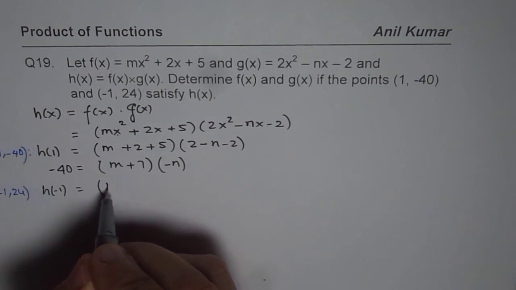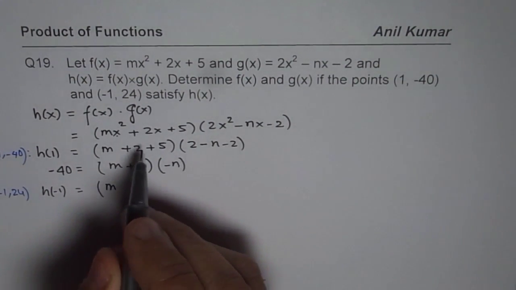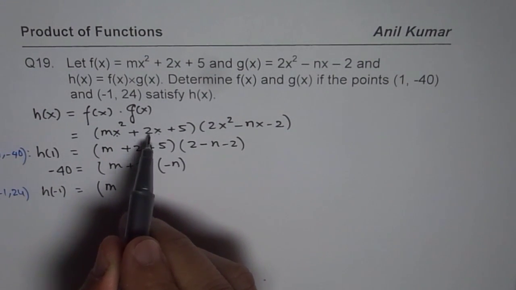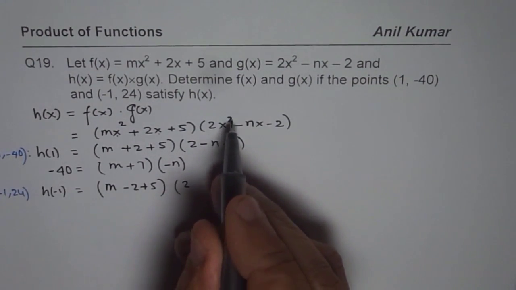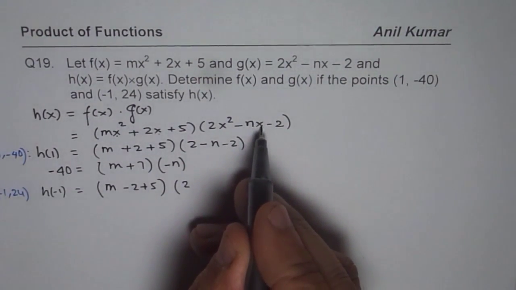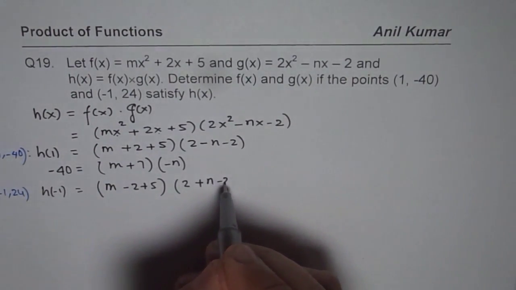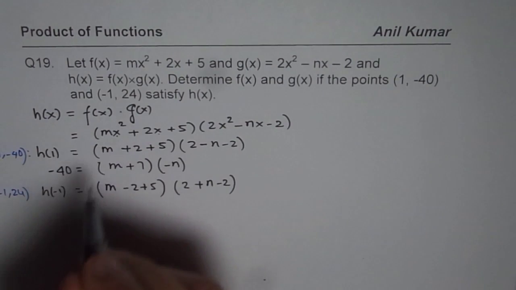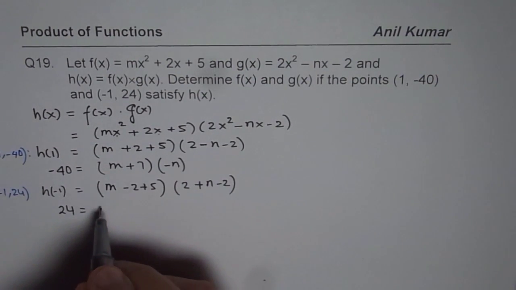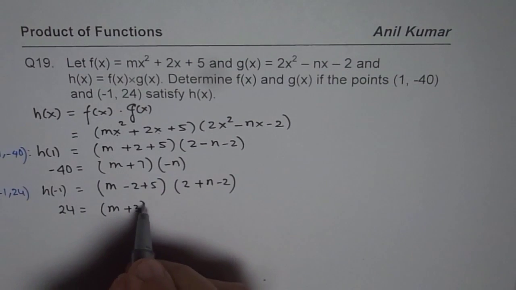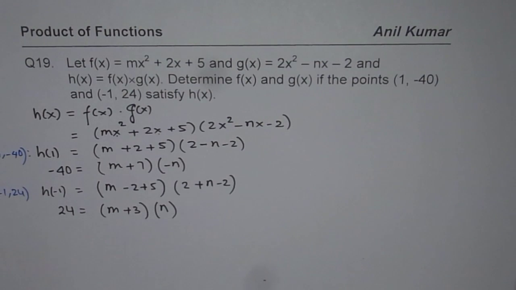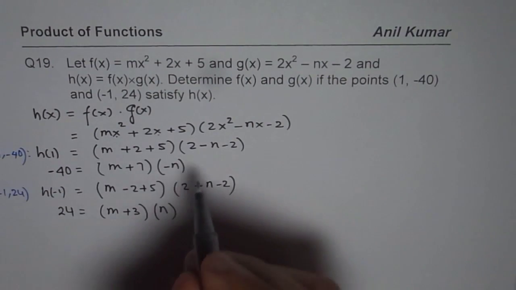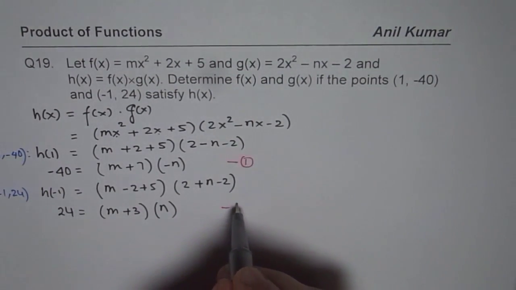We get m times (−1)², which is plus 1, but replacing x with −1 gives −2, so we get −2 plus 5, and on this side we get 2 times (−1)², which is 1, but −1 makes this positive, so it is plus n − 2. h(−1) is 24, so we get 24 equals (m + 3) times, 2 − 2 is 0, so n. That gives us two different equations.